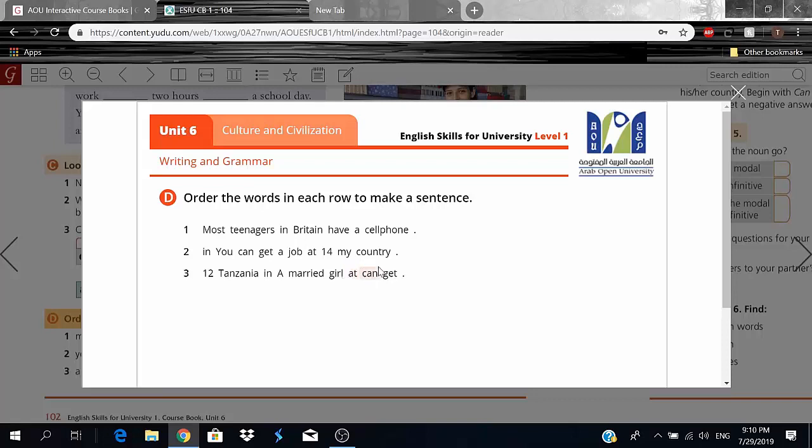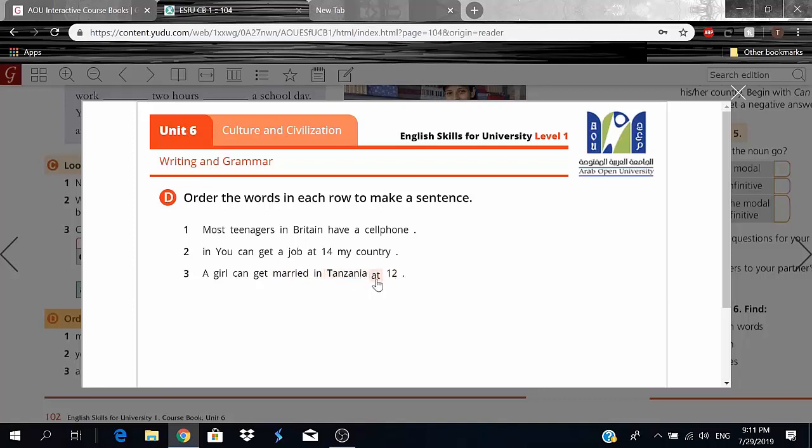Now let's move on to number 3. We have 12, Tanzania, a married girl, can get. So I could say, this is the basic one, a girl can get married in Tanzania, okay, at 12.